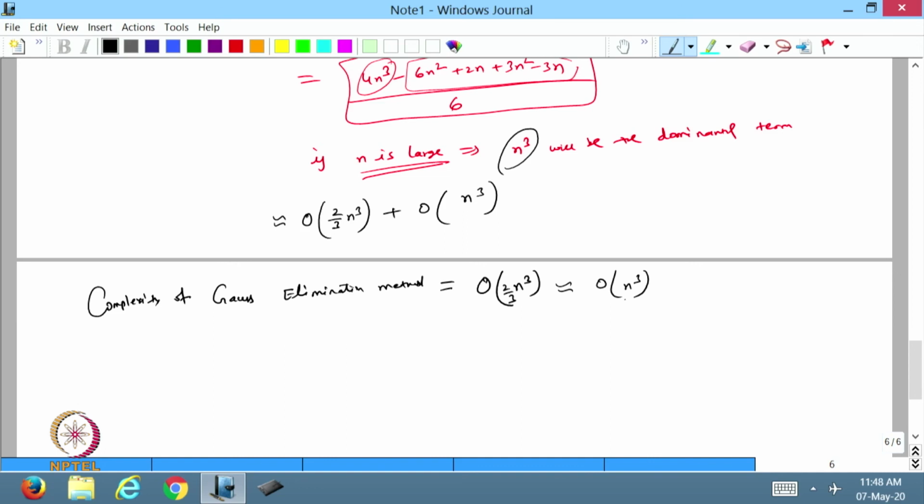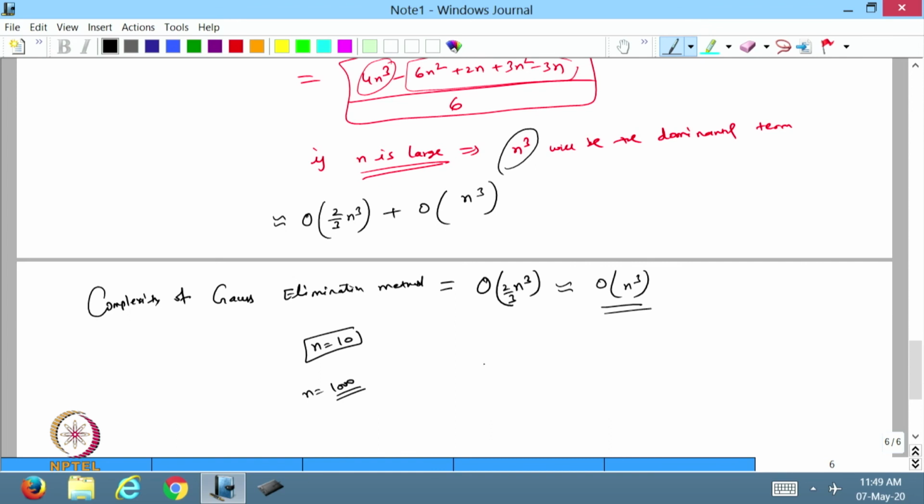So that means suppose n is equal to 10. If I take a 10 by 10 matrix, then the number of operations we have to do is 10 to the power 3, which means 1000 operations. And if n is maybe 1000, then the number of operations will be 1000 to the power 3.